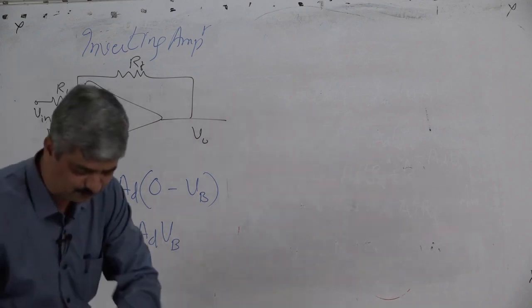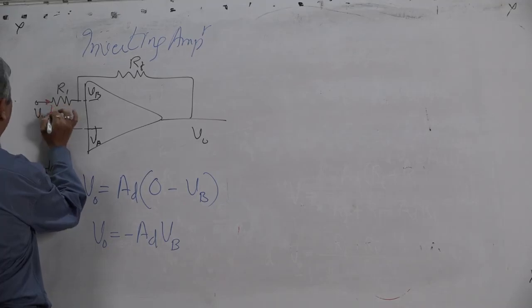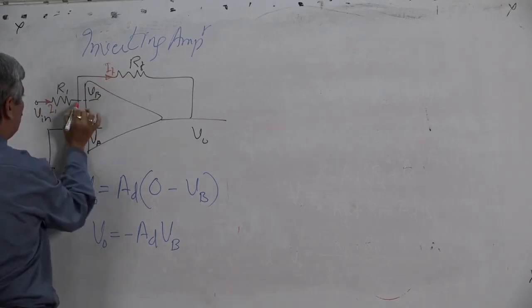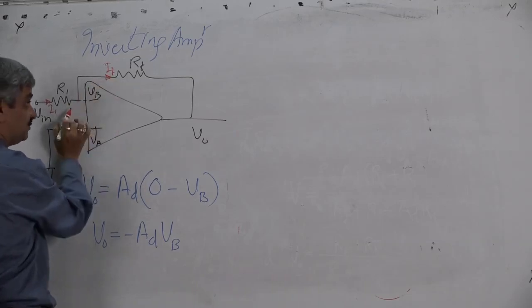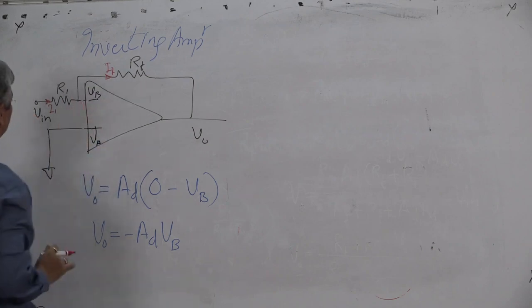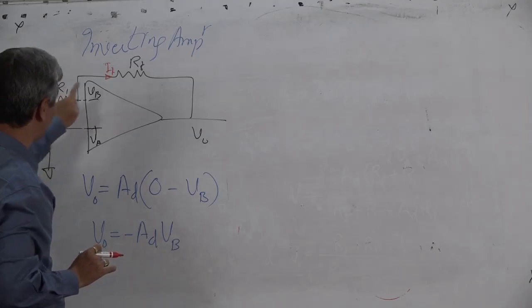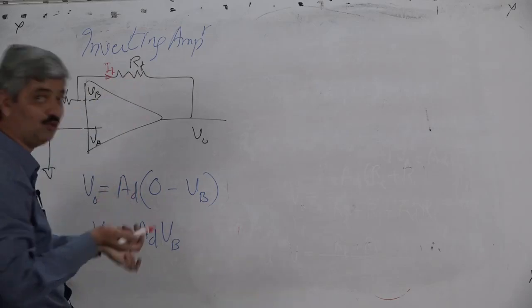If the current flowing through this is I1, and this current is IF. Since no current is drawn by the op amp, I1 must be equal to IF. So using Kirchhoff's laws, current incoming is equal to current outgoing because there is no current going here. So what is I1? (Vin minus VB) upon R1. What is IF? (VB minus VO) upon RF, and those are equal.